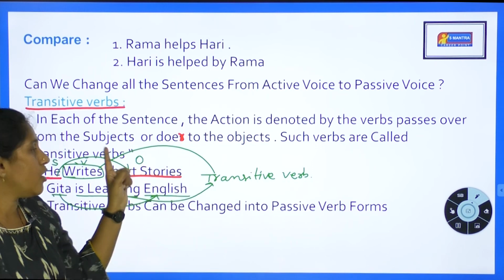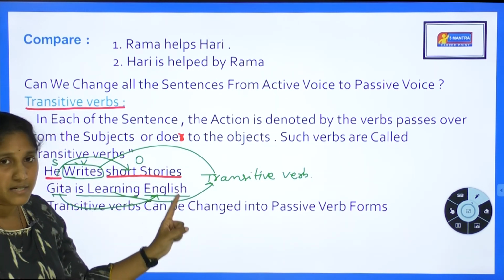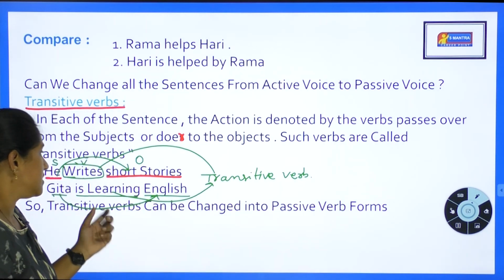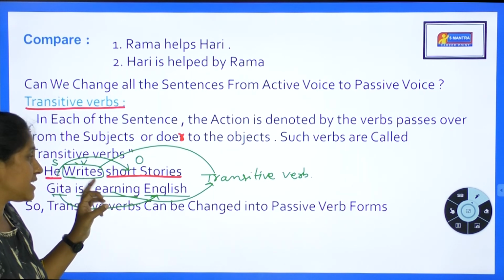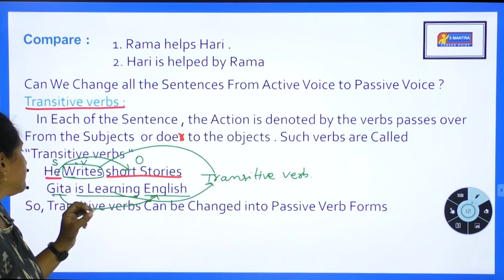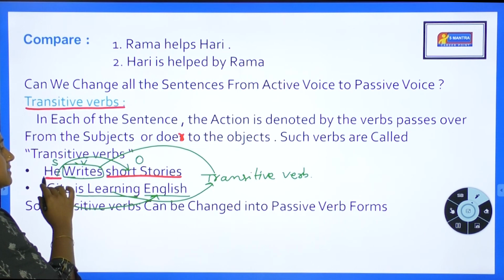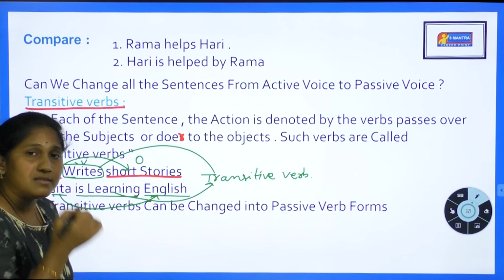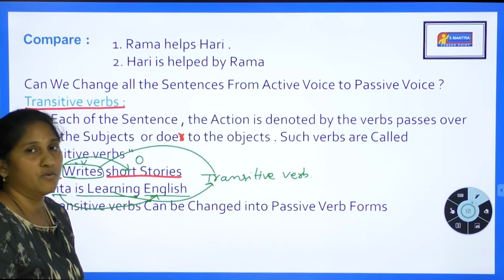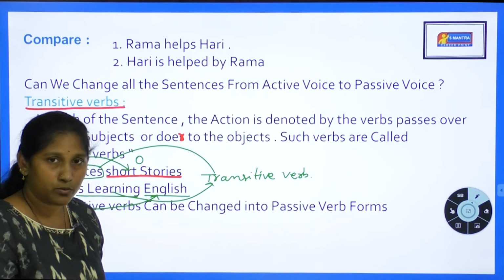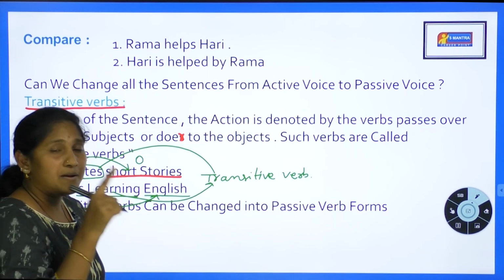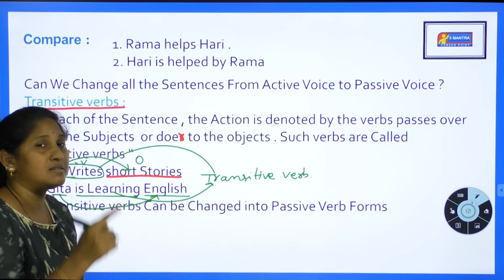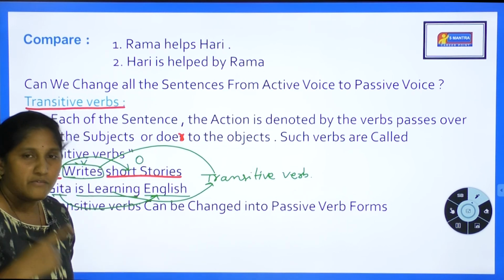The objects in the sentence support the action, so the action is very important. The subject passes the action to the object, so we need a subject and an object also. Whenever we have the subject and object in the sentence, we can make the passive form of the sentence by using transitive verbs.